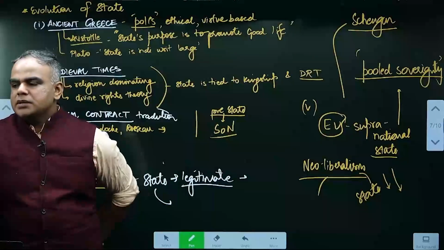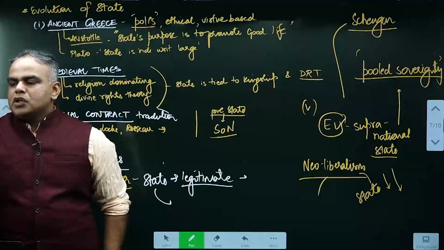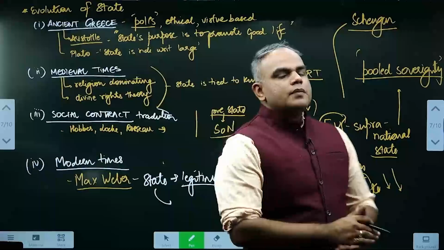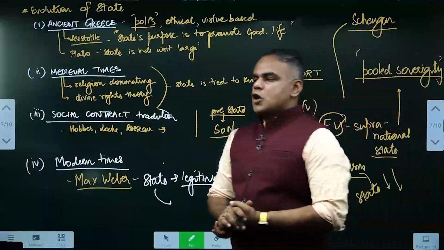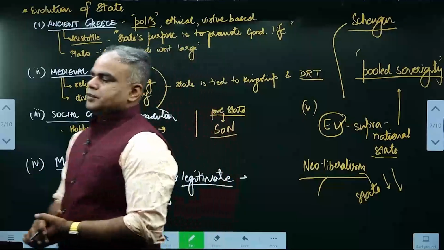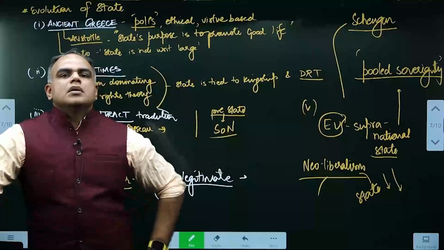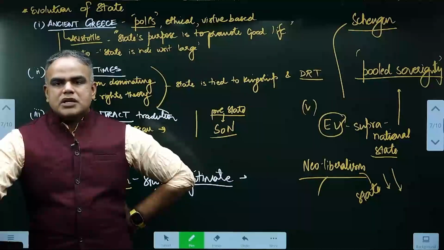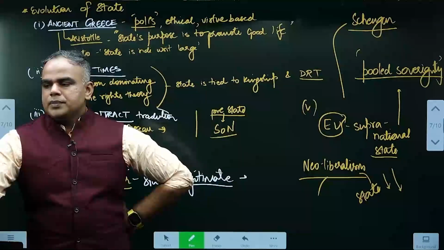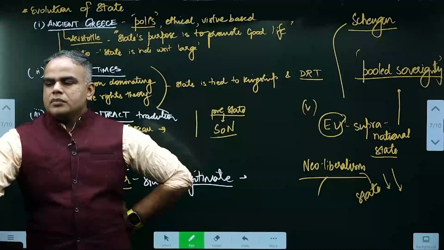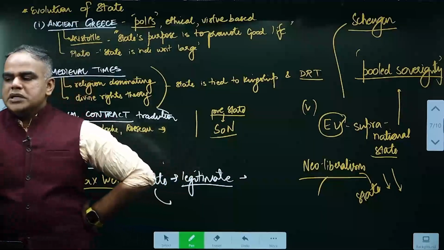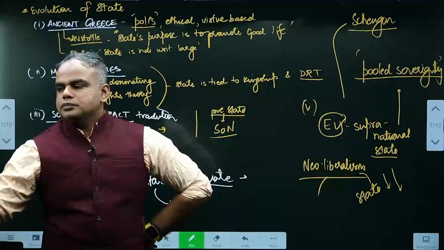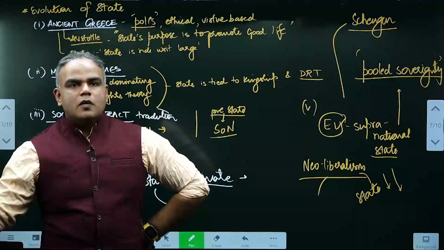Okay, so here please write, the concept of the state has evolved across history, dash, beginning with the ancient Greek idea of the polis.